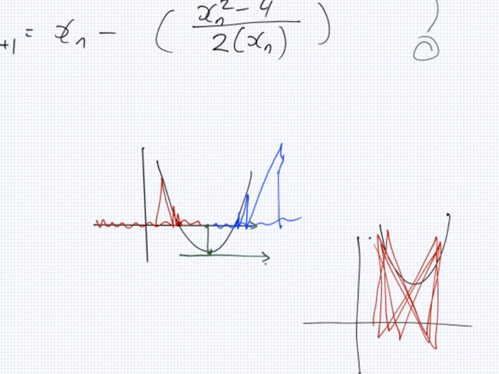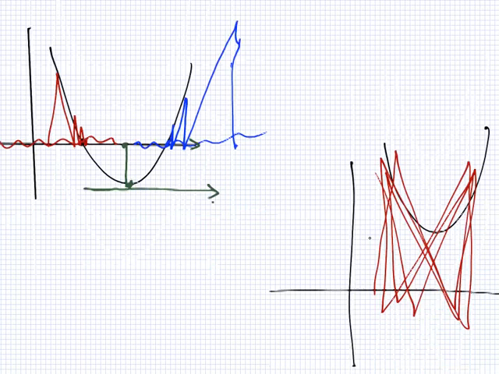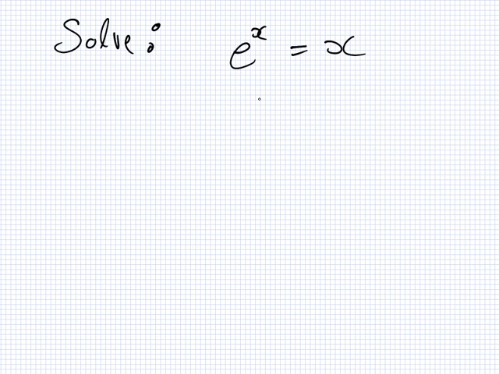Let's try this now with a harder example. So if I said to you, solve e^x = x. What would happen if we tried to solve that? So what could we do first to solve that? You could put log.